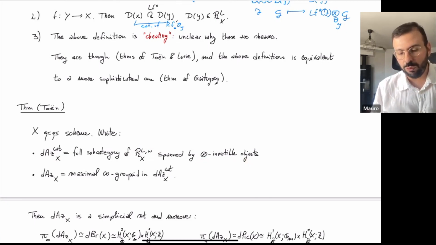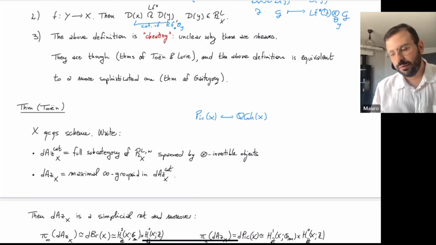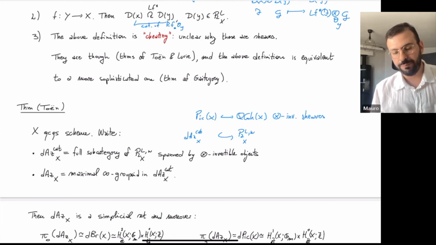So you see the analogy with Pic(X) inside QCoh(X), the tensor invertible sheaves. And now we categorify, and then here we get PrL omega of X. So this is the categorical level. And the same thing inside, we call it Azumaya, derived Azumaya category.